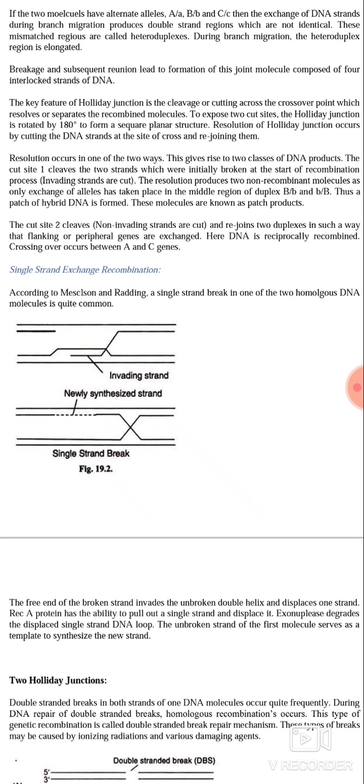This type of genetic recombination is called the double strand break repair mechanism. These breaks may be caused by ionizing radiations and various damaging agents.